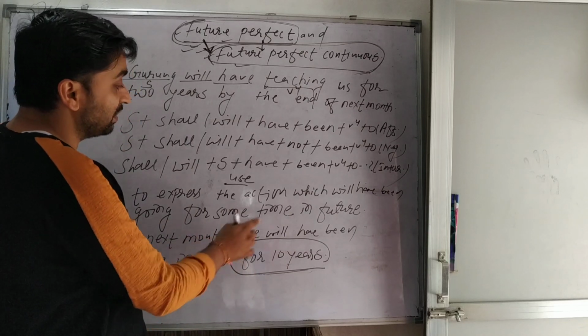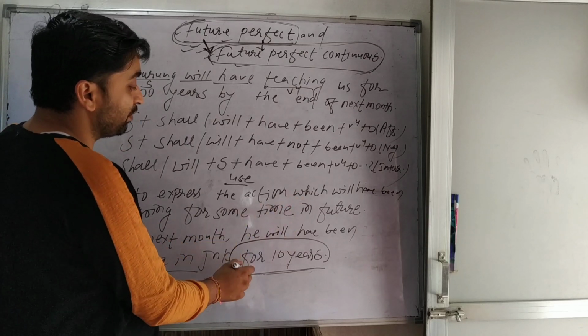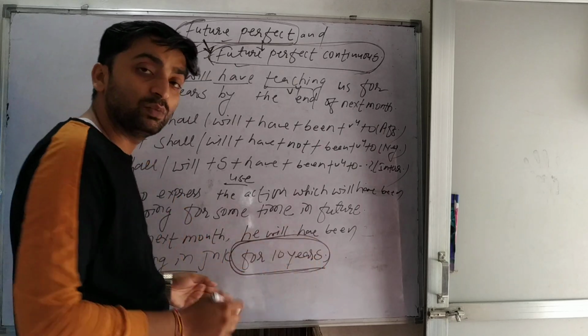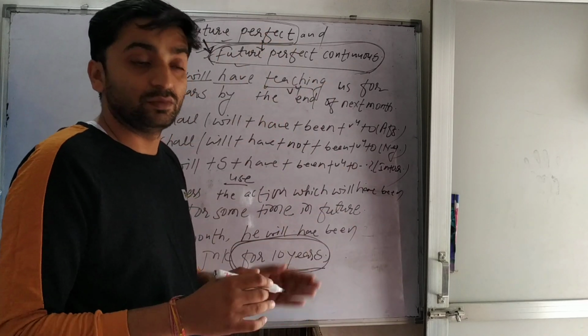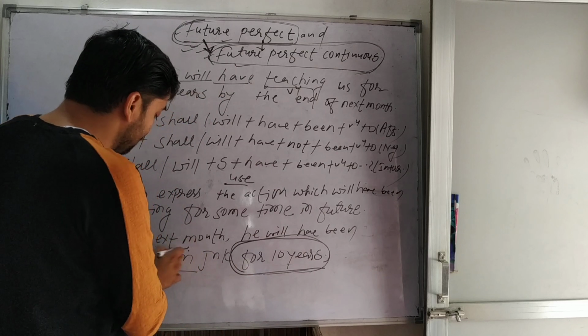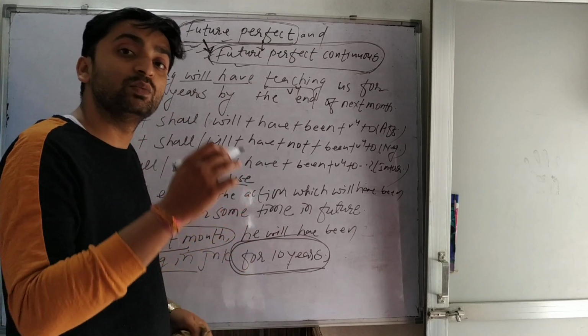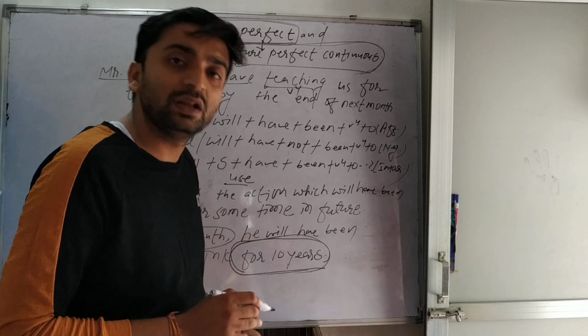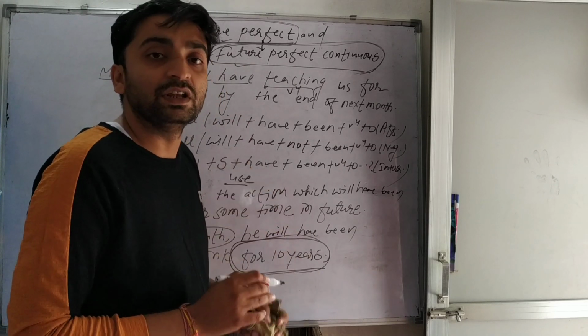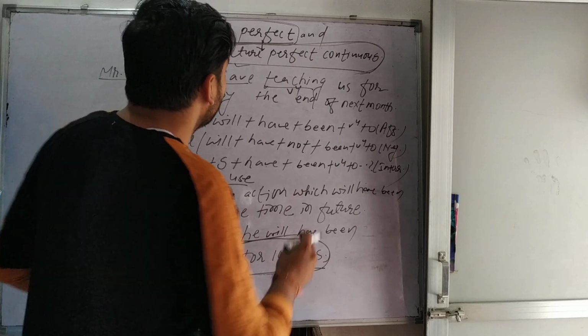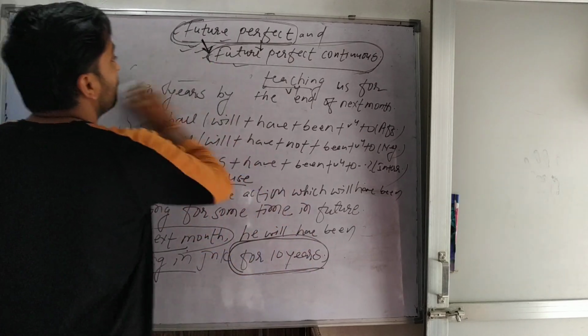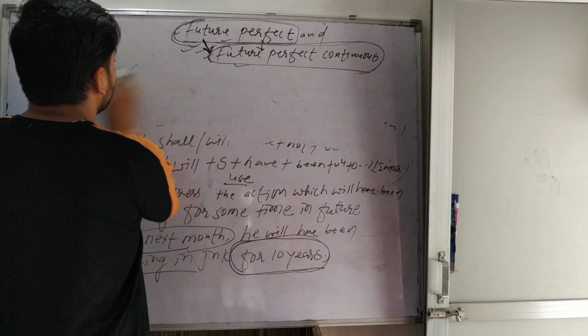By next month he will have been living in Janakpur for 10 years. Actually, the action will be in progress. And here too the given time is given. In future perfect too, a given time is given. But the action will be in continuous form, even because of the given time. Okay? That is the difference between future perfect and future perfect continuous tense.